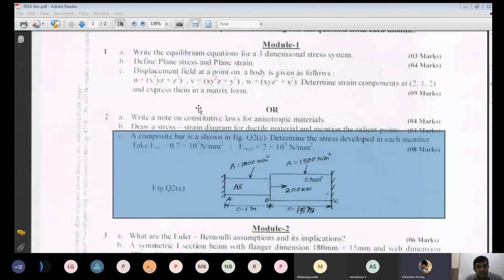Now take this as P suffix 1. That is not 200 kilonewton, so be careful. At the same time, since the 200 kilonewton is applied at the junction, at support C, what will be the reaction force here? Does the reaction force act away from or towards the body?